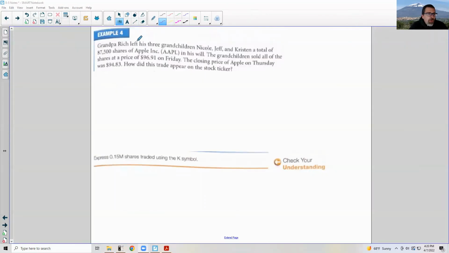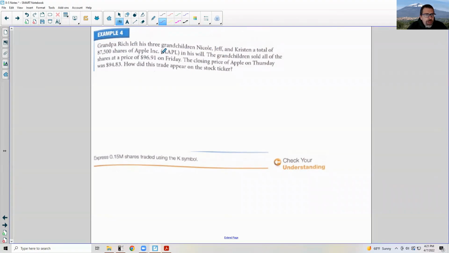Okay, example 4. Grandpa Rich left his 3 grandchildren, Nicole, Jeff, and Kristen, a total of 87,500 shares of Apple in his will. Lucky them. Apple's cranking lately. The grandchildren sold all of the shares at a price of $96.91 on Friday. The closing price of Apple on Thursday was $94.83. How did this trade appear on the stock ticker?